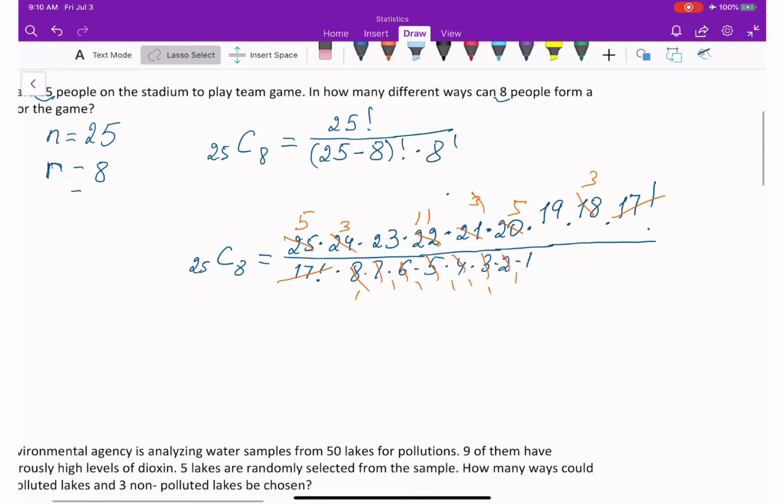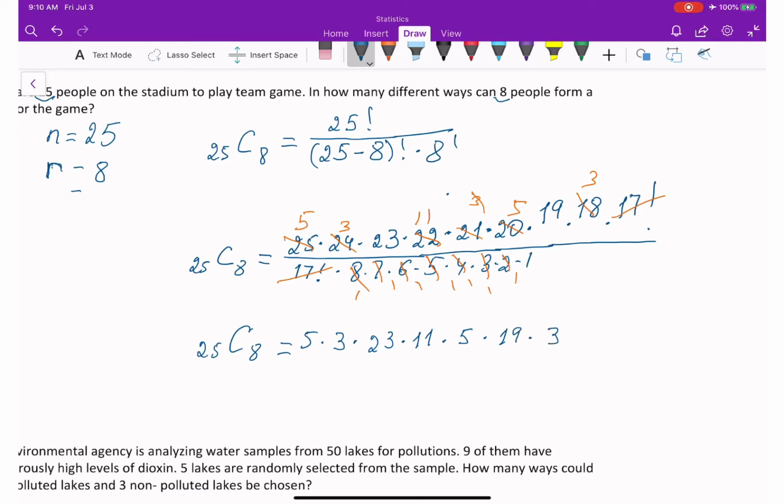Okay, so making space. We have C, 8 out of 25. It's going to be equal to, since at the bottom I don't have anything left, 5 times 3 times 23 times 11 times 5 times 19 times 3.